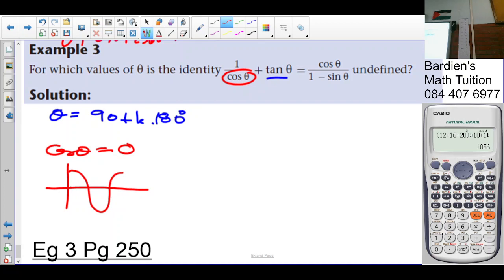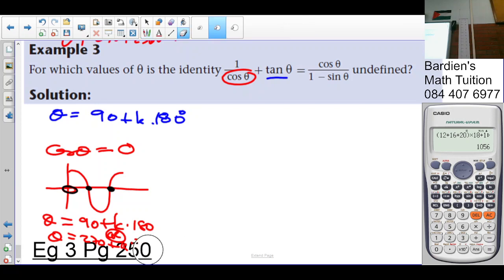So where is cos equal to 0? At what? 90 or 270. So there I could have written theta is equal to 90 plus k times 180, or theta is equal to 270 plus k times, not 180 but 360.